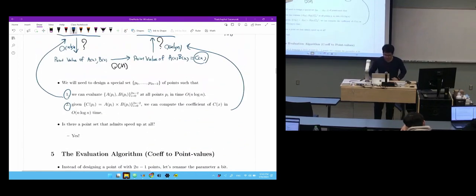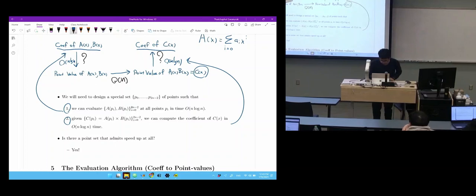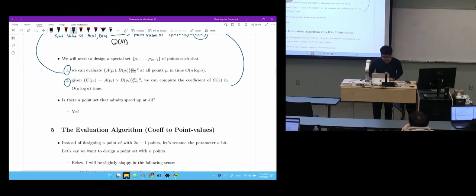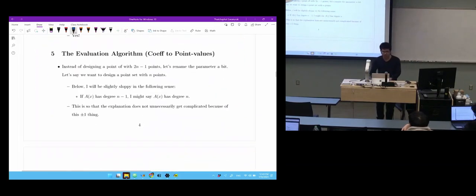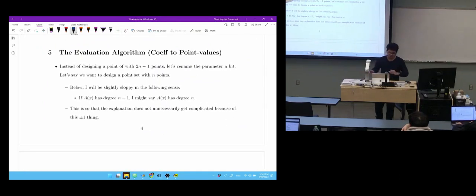Now I said that I need to evaluate 2n many points, but just to make the problem easy to state, so that my explanation is easier to follow, let's change the parameter a bit, and say that I just want to come up with n many points.